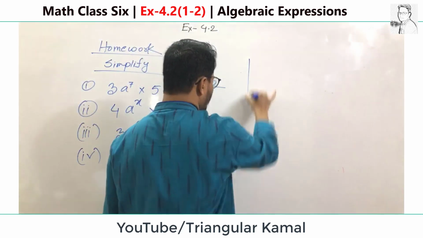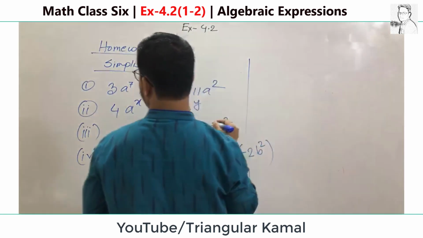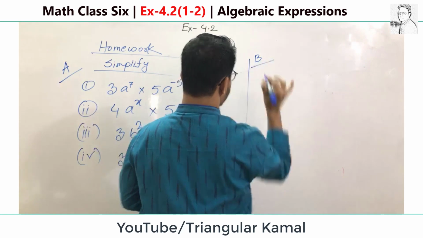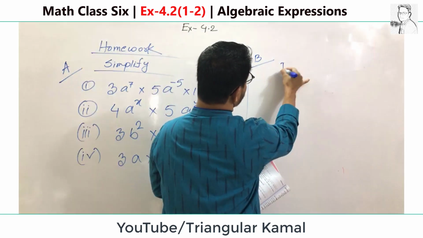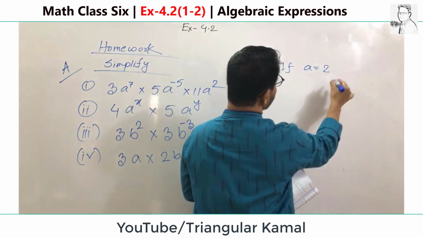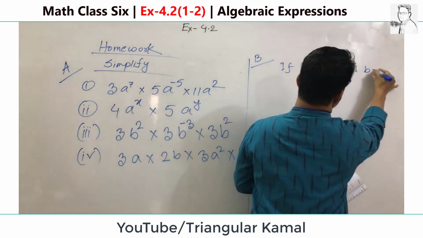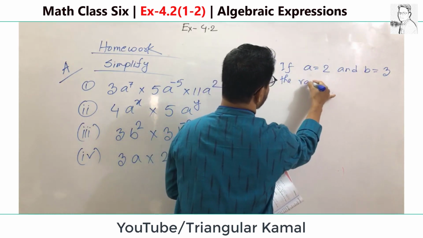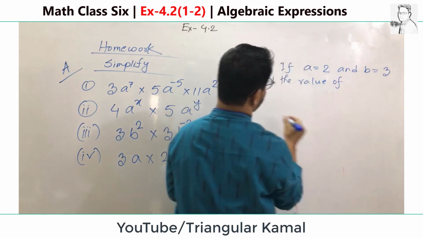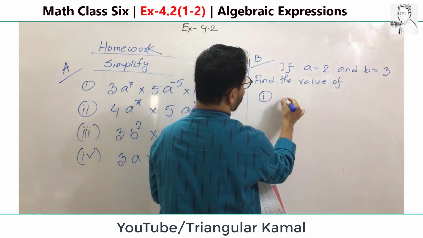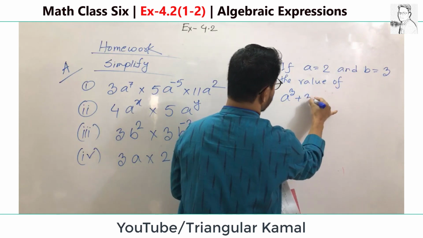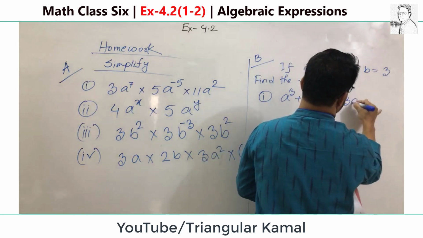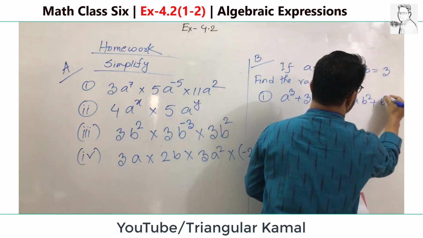And now another question. This is group A, and these are from group B. If A equals 2 and B equals 3, find the value of: number 1, a cube plus 3a square b plus 3ab square plus b cube.